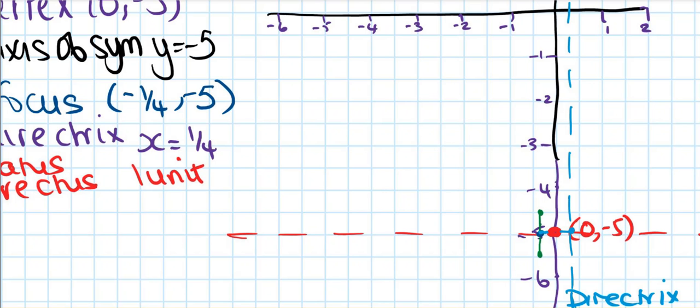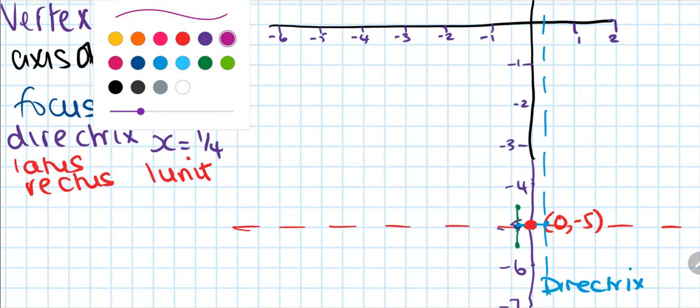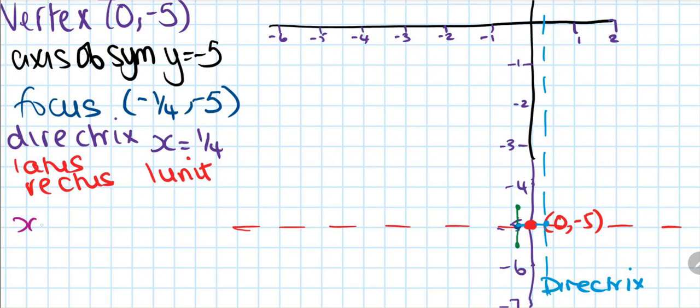Now, what we could do is use the table, or we could use the equation we have, x is equal to minus (y plus 5) squared. We could substitute in a value just to get another two points, to get an idea where the graph is going to be.